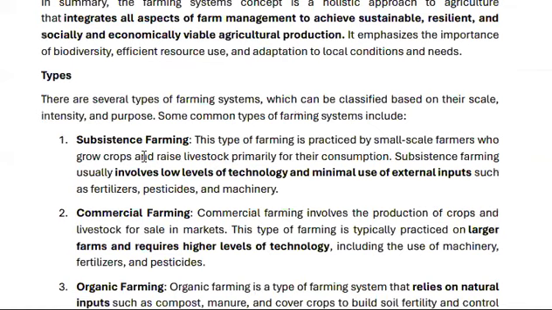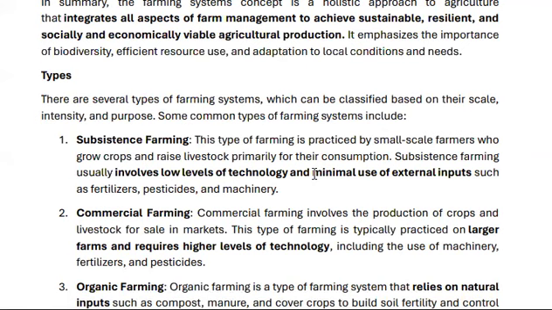Una dito yung subsistence farming. So in subsistence farming, we make use of little use of technology and minimal use of external inputs gaya ng fertilizers, pesticides, and machineries.